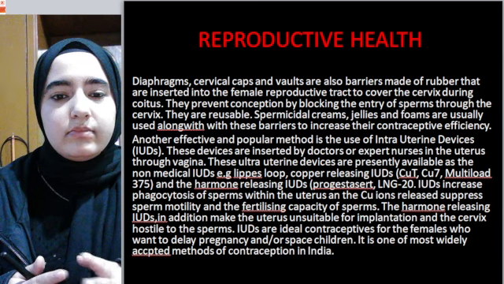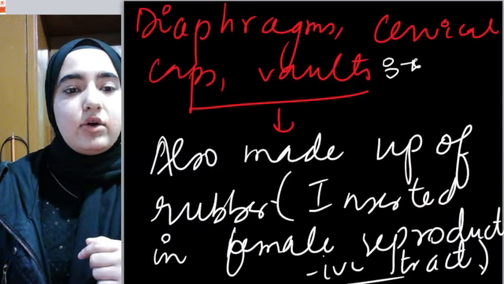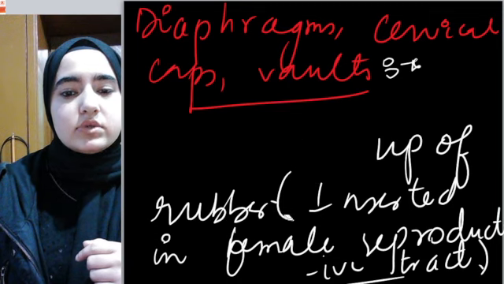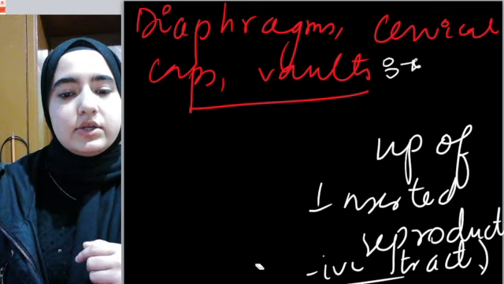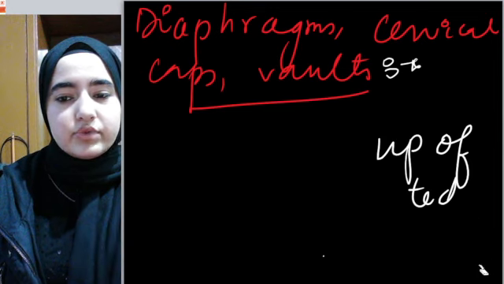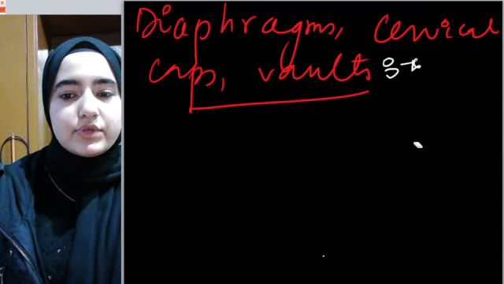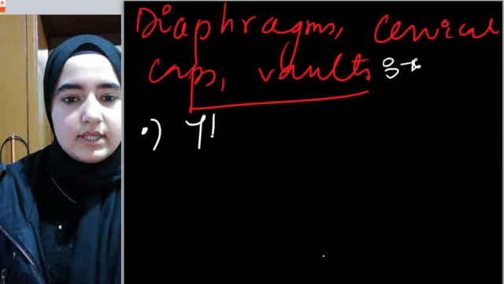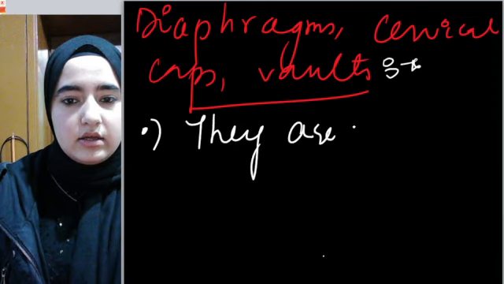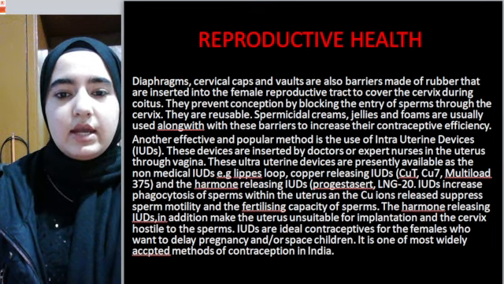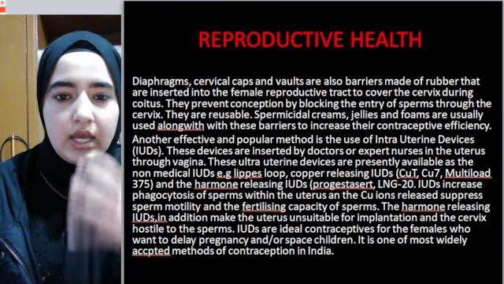The benefit of diaphragms, cervical caps, and vaults is that they are reusable. The contraceptive we discussed before this was not reusable, that was disposable, which we can use only once. But these are reusable. We can reuse them again.